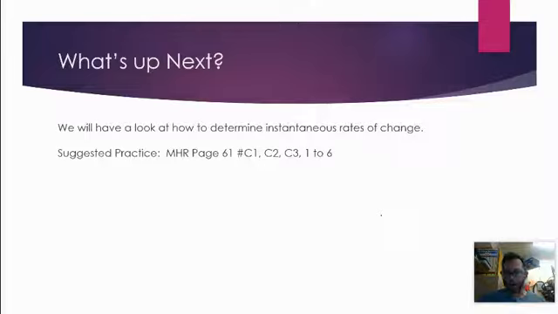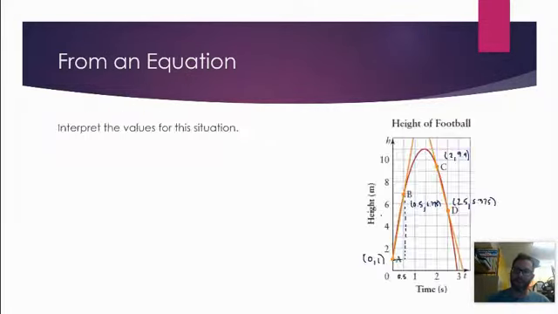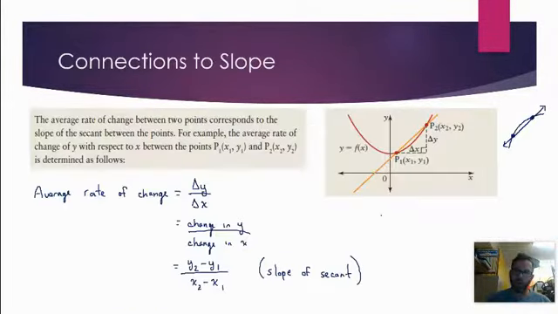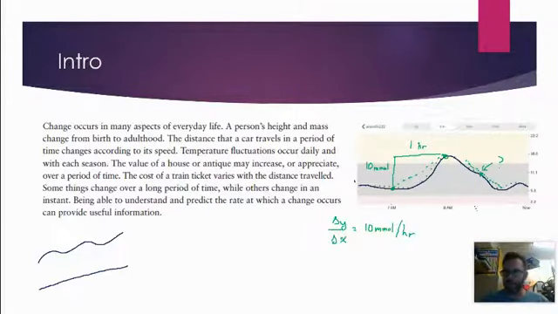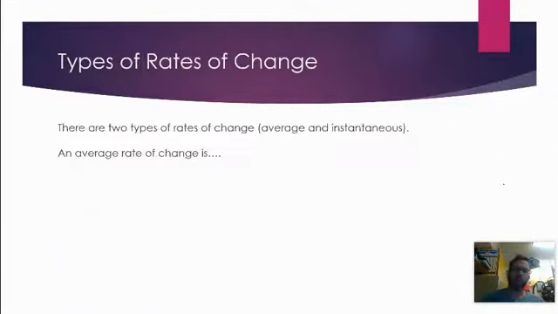In our next lesson, we'll talk about how we can deal with instantaneous rates of change. Remember, this would be like me asking, hey, I know that from 7 a.m. to 8 a.m., Brendan's blood sugar went up by 10 millimoles per hour. But what about exactly at, say, 9 a.m.? I want to know exactly, at what rate is Brendan's blood sugar dropping? How do we find a rate of change for a single point? We'll talk about how to do that.